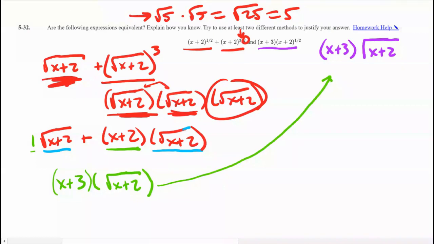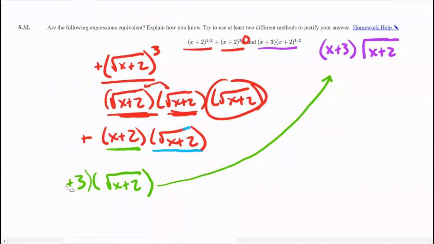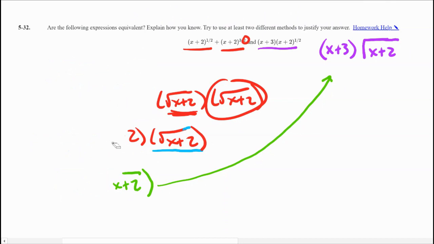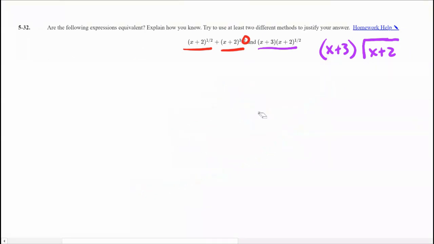Now again, I know that last step is a little bit wonky, so we'll try another method and hopefully that sinks in a little bit better if this one didn't make sense. So for the second method, I'm going to use u substitution to help show this.